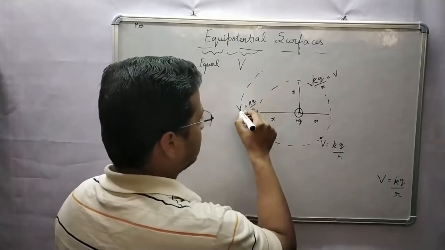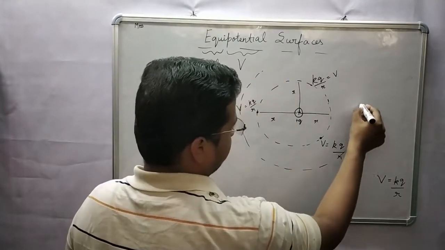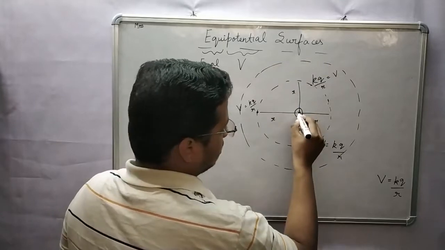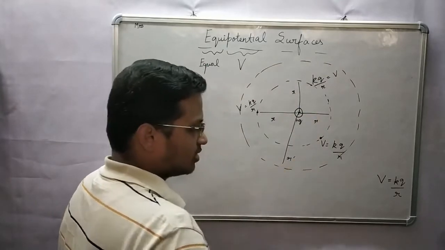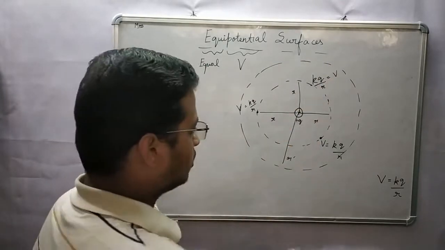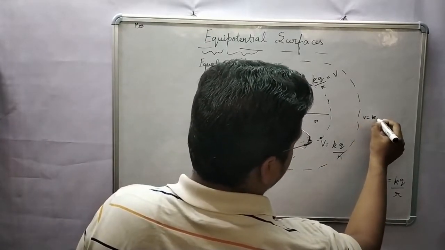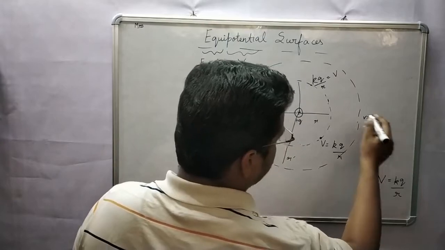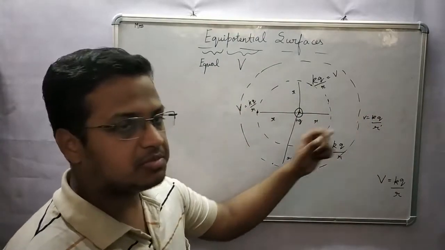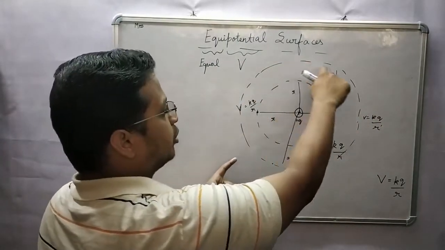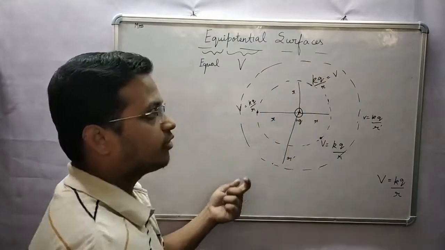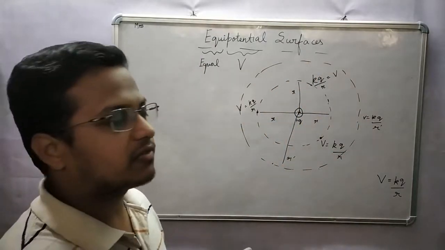Suppose we take another spherical surface with some other radius r dash. On the second surface also, no matter how many points you take, the potential will be K charge by distance. Here the distance becomes r dash. So all the points on this surface form a given equipotential surface.